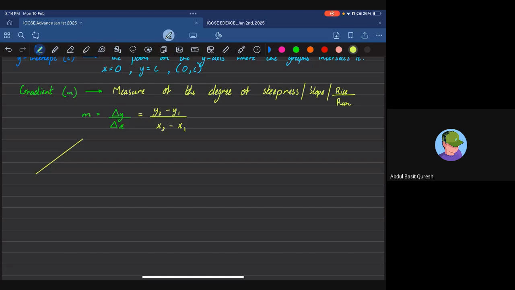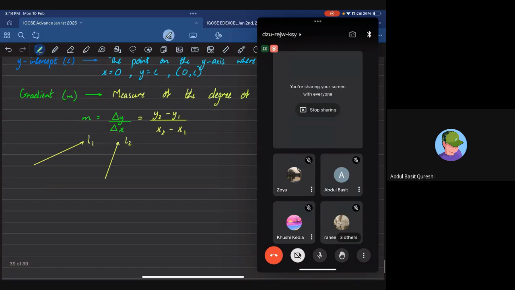So for example, if it's a line like this, and let's just call it L1, and there's a line like this. Which line do you guys think has the more gradient? Come on, guys, quick.